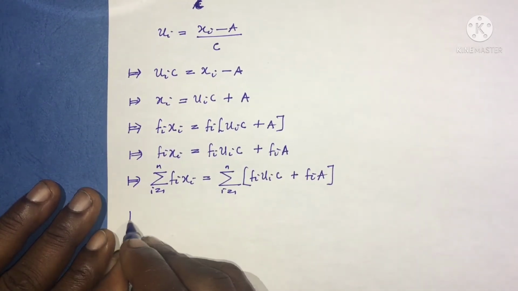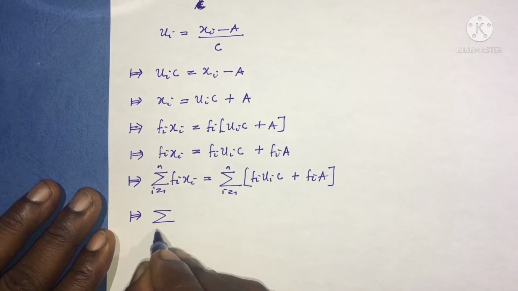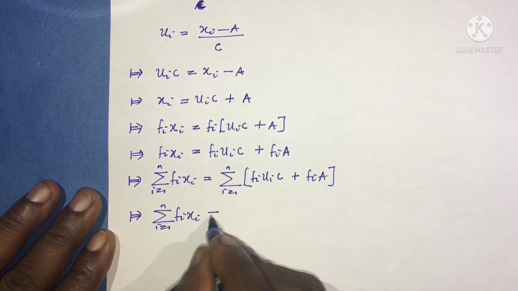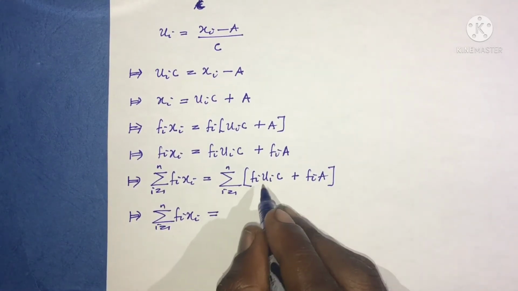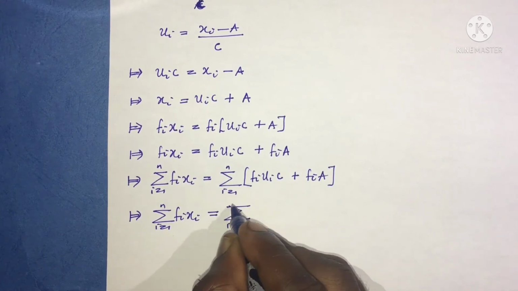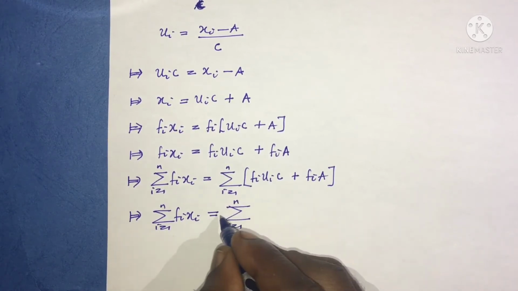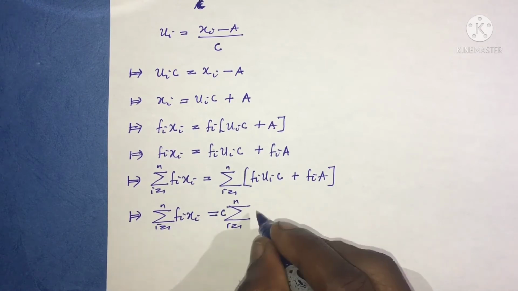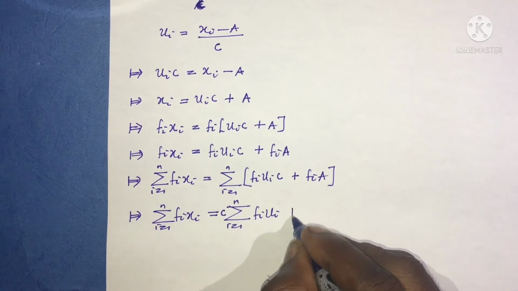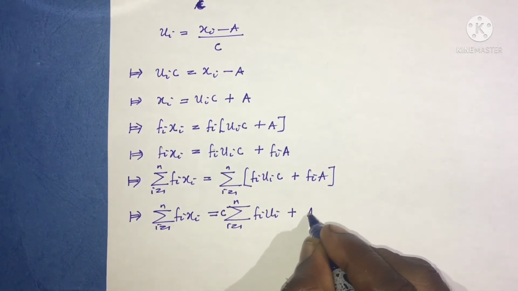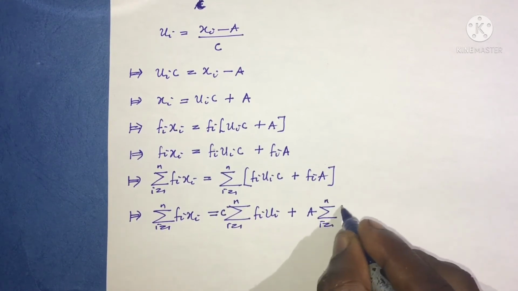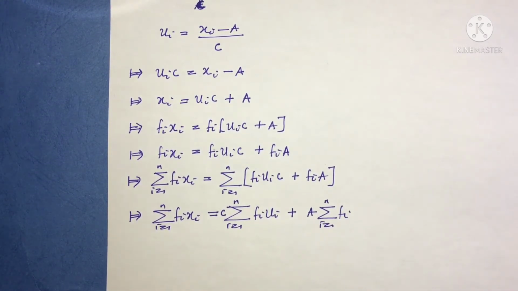This will give us summation from i equals 1 to n of fixi equals, now this summation opens up this bracket. c comes out as a constant, leaving us with fiui as those variables are iterating. So this will give us a coming out with sigma operating on fi, for the same reason.